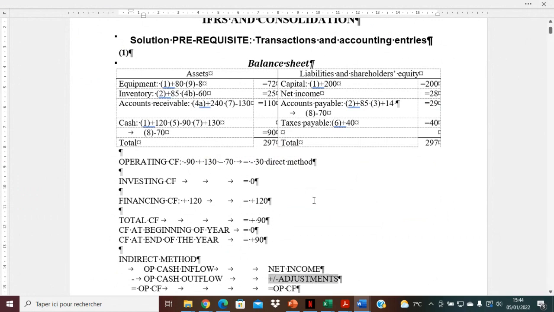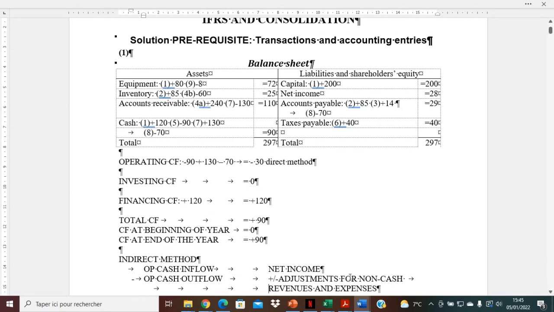Well, because I know that net income, accounting profit, and cash flow are not the same. Net income is based on revenues and expenses. Cash flow is based on cash inflows and outflows, and revenues and expenses are not necessarily equal. Therefore, I do adjustments for non-cash revenues and expenses.